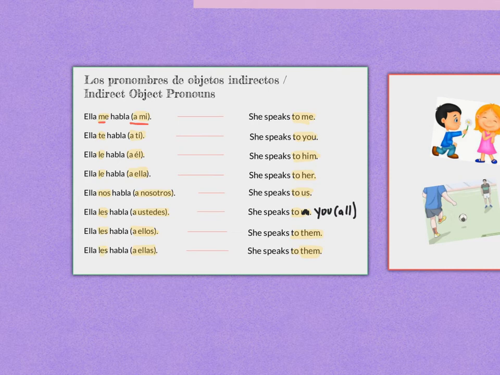So the good news is that there's not that many to remember, and there is a pattern to follow. So if you can see, me and te are the ones that are most different. Then you have le for him and her, and then you have les, and les for you all, they masculine and they feminine. So really the ones you have to keep an eye for is nos, which is for nosotros, me and te.